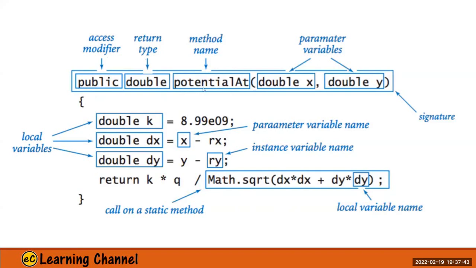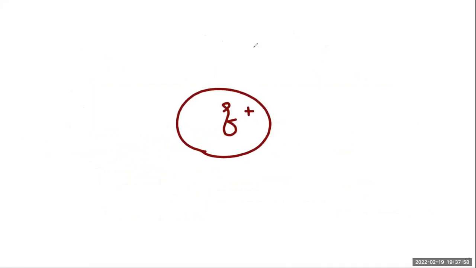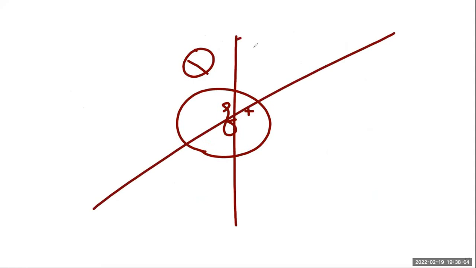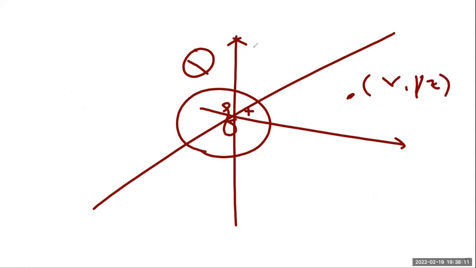Here you have a function called potentialAt, where you give it x and y. This is a charge model: you have a charge with Q plus, so that is a charge Q, and in 3D space, at a certain point x, y, z, there should be a certain potential level.